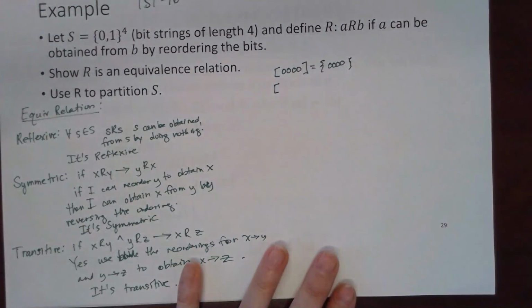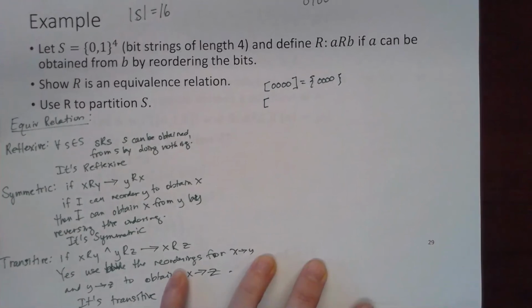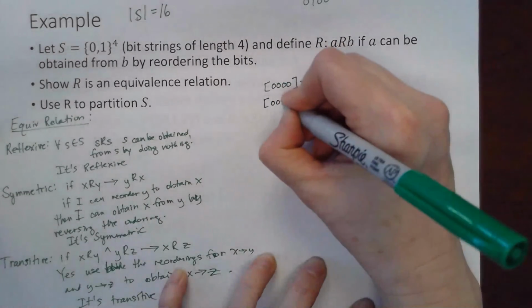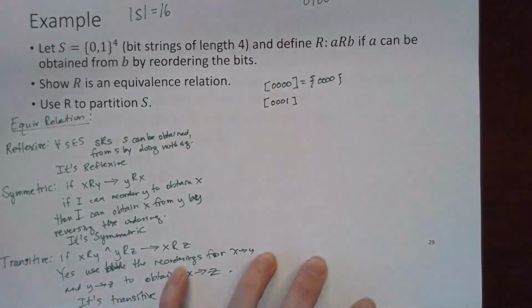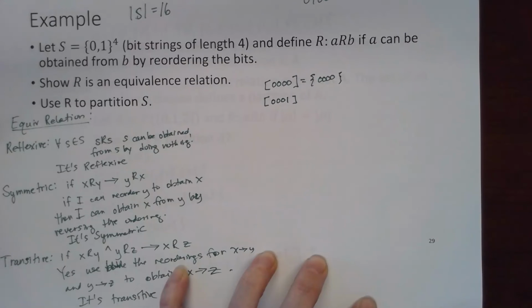And then, what's the first string that comes to mind? For me, it's this one with a single 1. I imagine you'd either want to put it all the way at the right or all the way at the left.